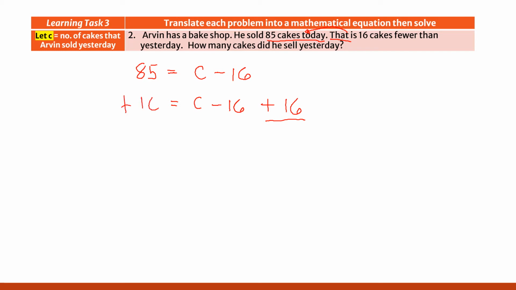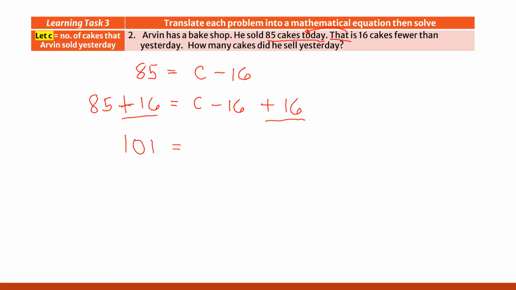Tama? Kasi nag-plus 16 ka sa kanan, dapat sa kaliwa may plus 16 ka rin. So, kopya natin yung 85. Okay? Now, what is 85 plus 16? So kapag kinompute natin yung 85 plus 16, the answer is what? 101.